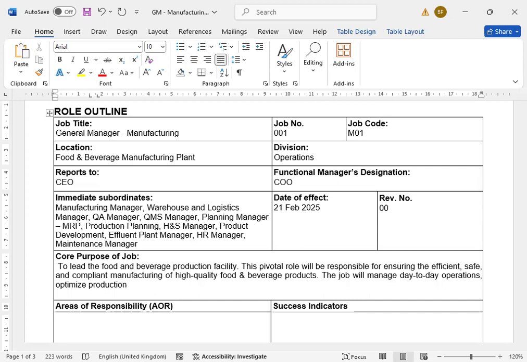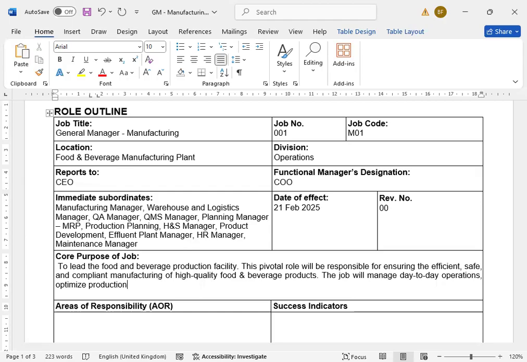It could be one sentence or two sentences, three sentences, then that's enough. Or if you can put many things that belong to the core purpose of the job, then you also have to expand whatever you are going to put in the core purpose of the job.